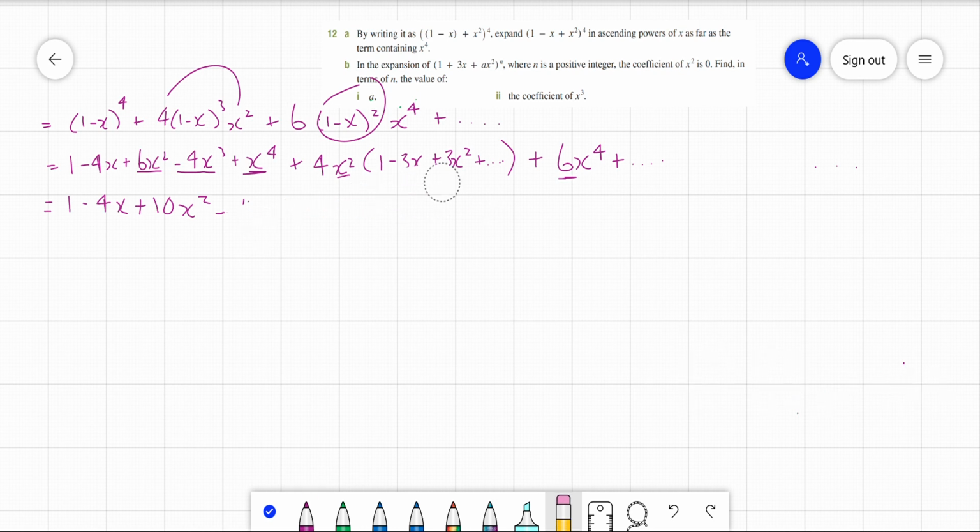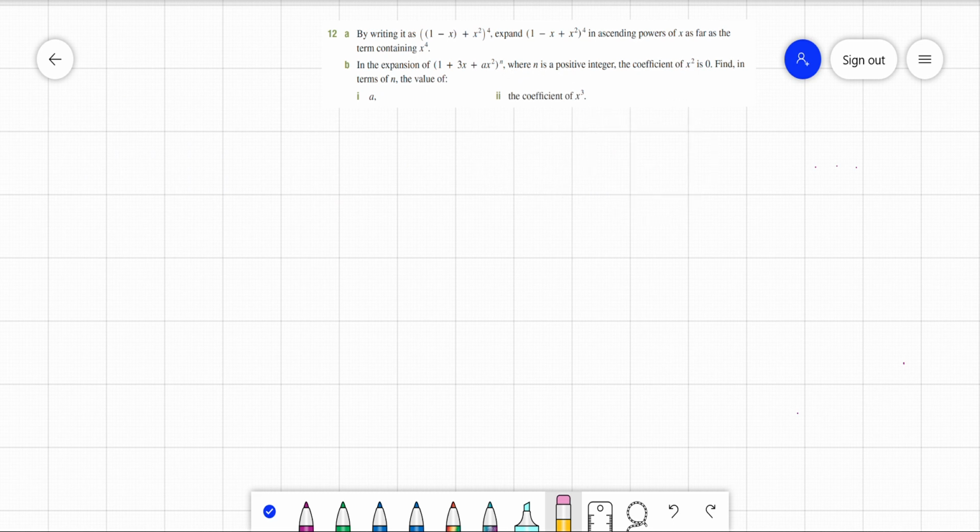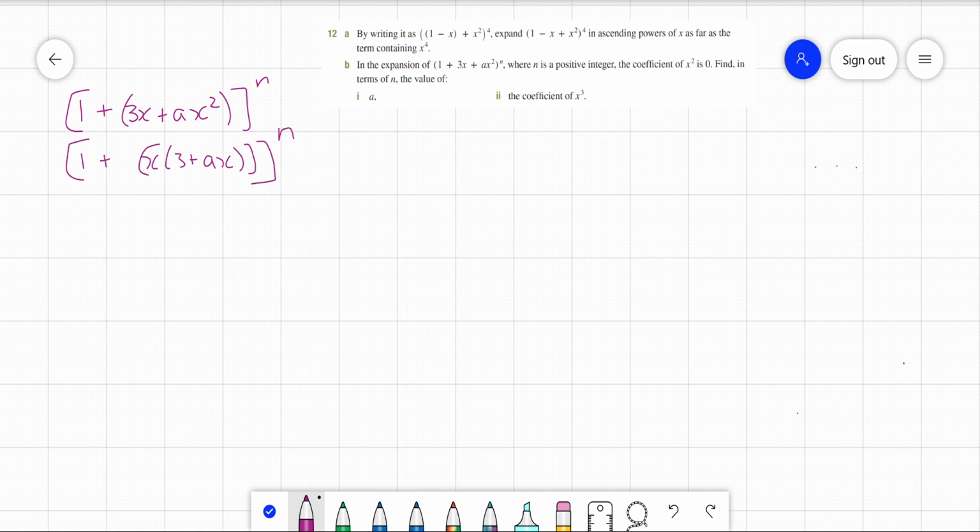Okay. Part B is expanding again with a, so there's a term, we usually try and put the x's together, so let's put these x's together, and not only do we do that, but we could also think of it as 1 plus x, (3 plus ax), so think of that whole thing together to the power of n there.